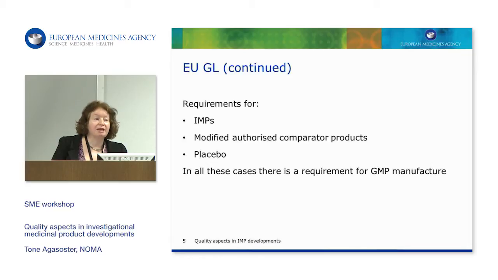Then if you have a tablet, you may have to encapsulate it. That's maybe the most common example of a modified comparator product. In such cases, it's very important to demonstrate that the bioavailability has not been changed, and this is done by comparable dissolution profile versus the unmodified product.